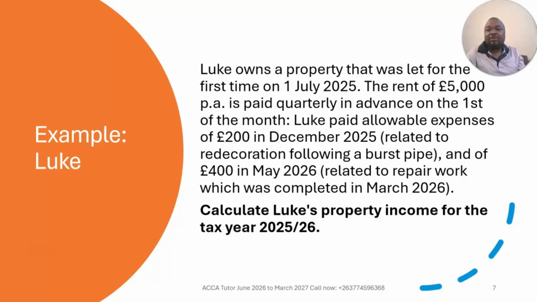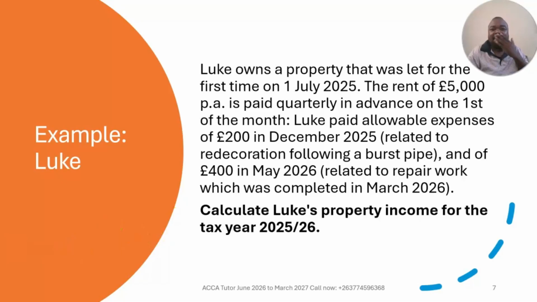Luke paid allowable expenses of £200 in December 2025 related to redecoration following a burst pipe, and of £400 in May 2026 related to repair work which was completed in March 2026. Calculate Luke's property income for the tax year 2025-2026.